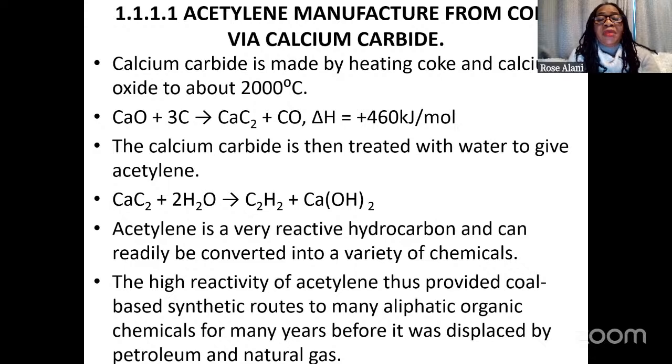Then the calcium carbide is treated with water to give acetylene. And acetylene is a very attractive hydrocarbon and can readily be converted into a variety of chemicals. It's very highly reactive, and so it produces coal-based synthetic routes to the manufacture of aliphatic organic chemicals.